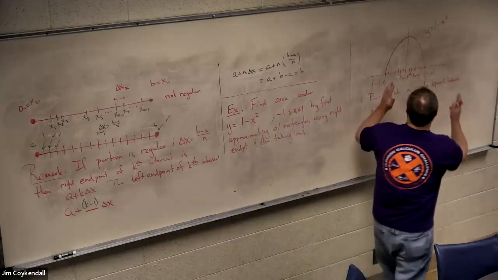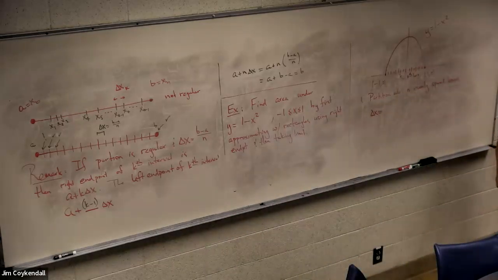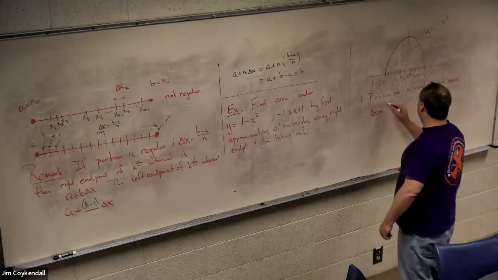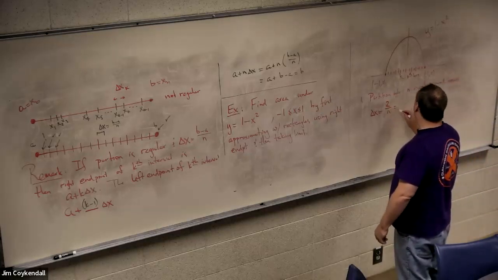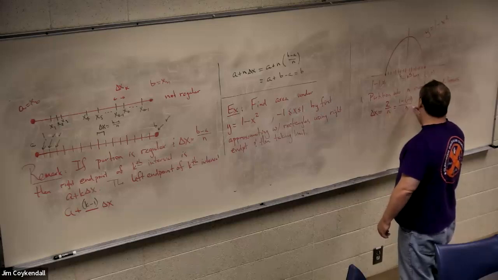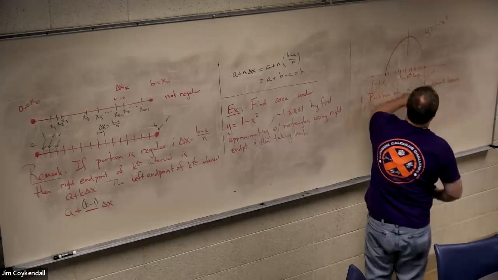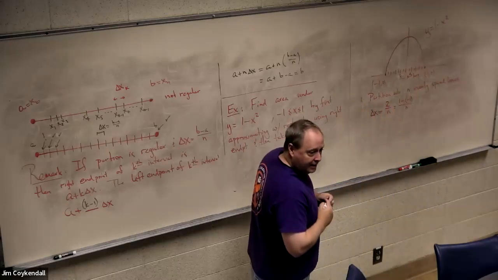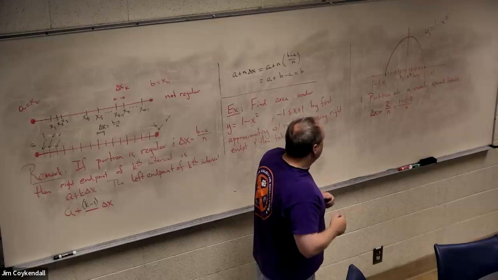How wide is the whole shebang? There you go, it's 2. And we want it evenly divided into n pieces, so each delta x should be 2 over n. That's b minus a over n, but my b is 1 and my a is negative 1. Okay with that?